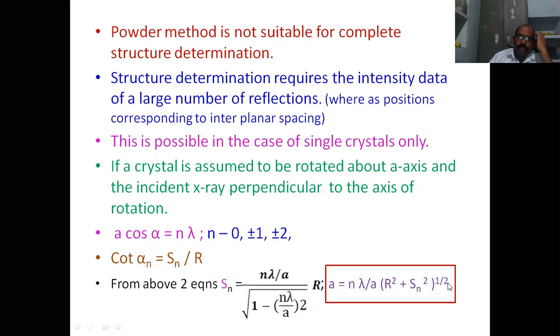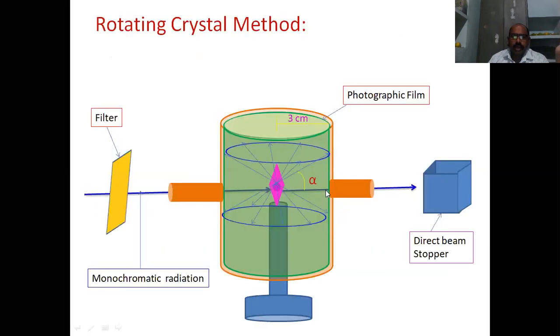Okay, this equation. Here lambda is the wavelength of the radiation. We use only monochromatic radiation, therefore it is known to us. It corresponds to the layer line being used. R is the radius of the camera and Sn is the distance, as I identified here, from the zero layer to the S1 layer or Sn layer.